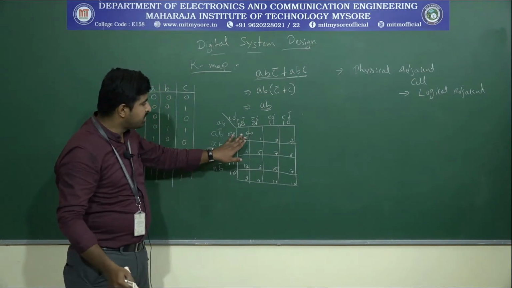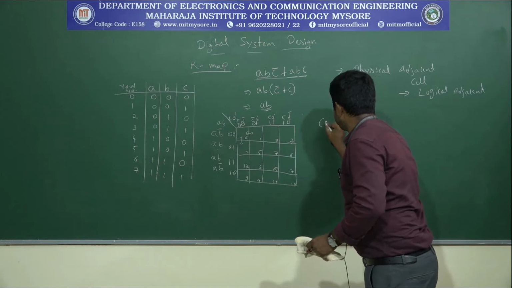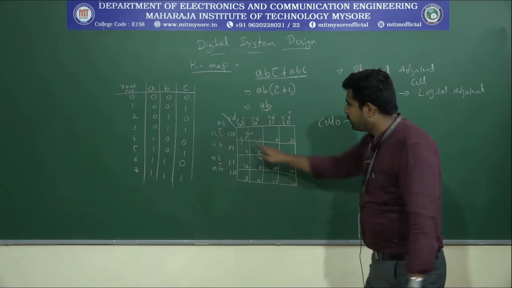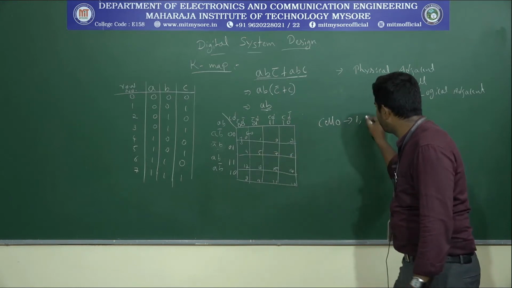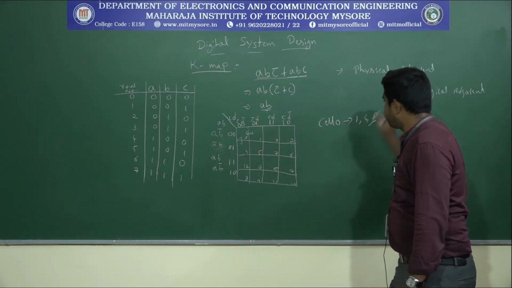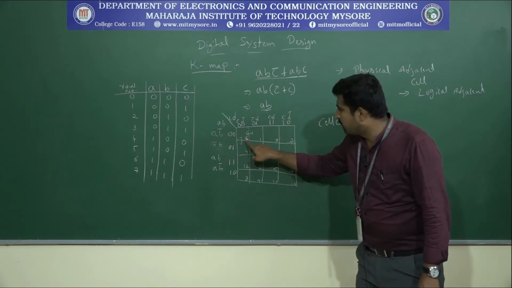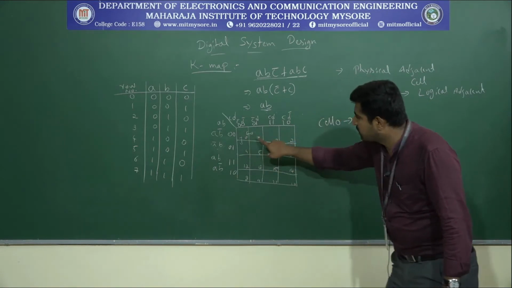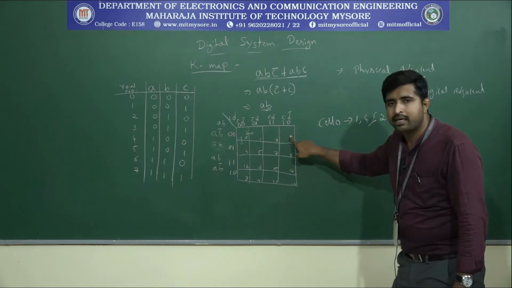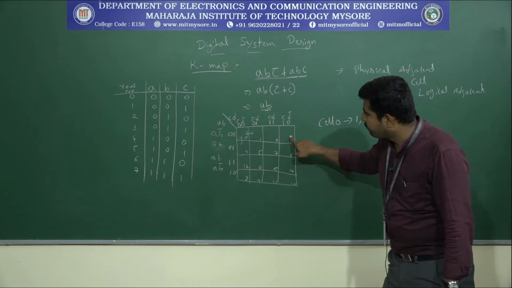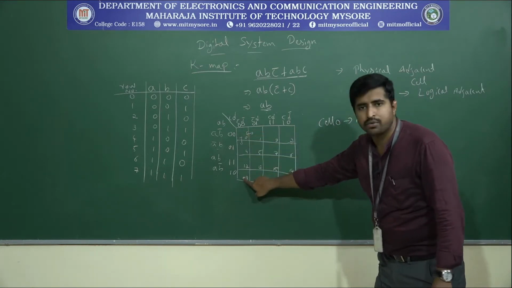Cell 0 is adjacent to cell number 1, cell number 4 and cell number 2. And it is also adjacent to cell number 8.